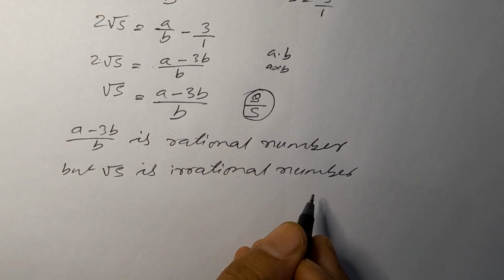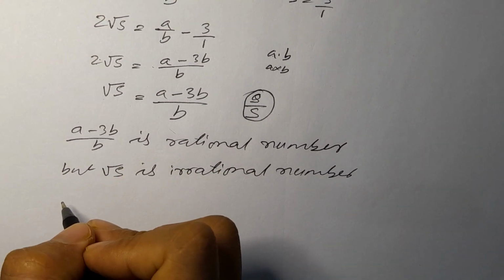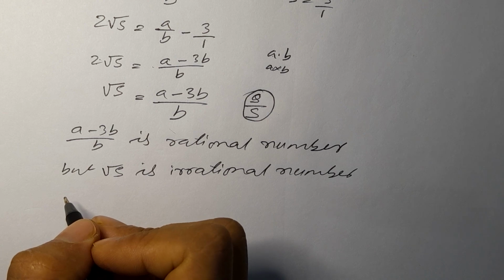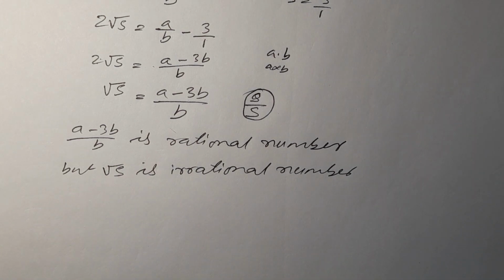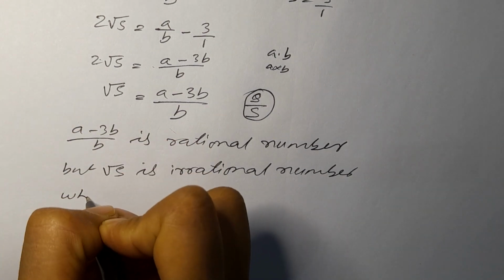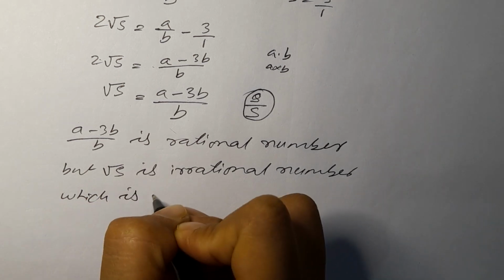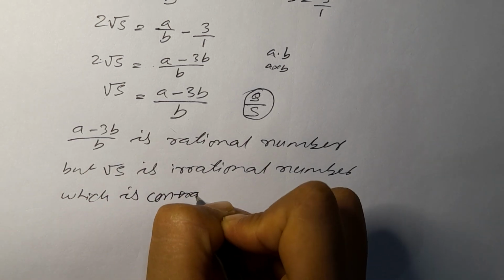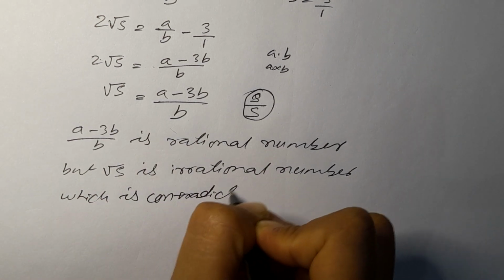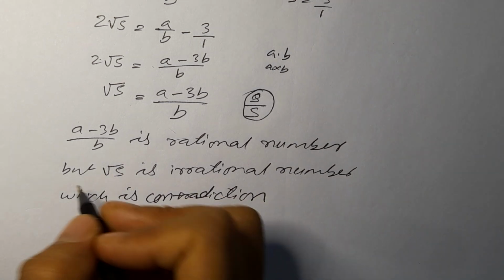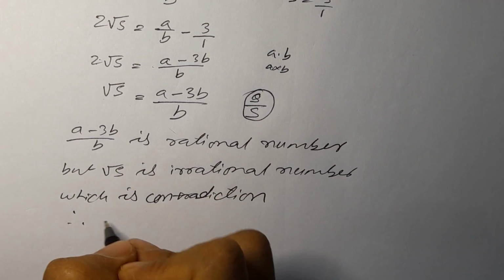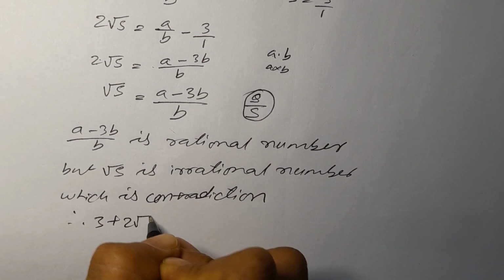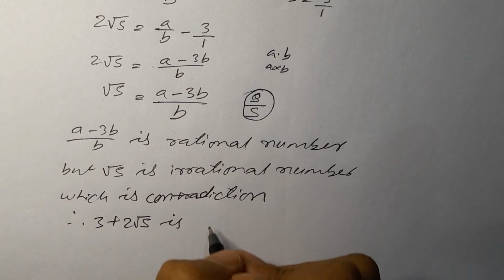Root 5 is an irrational number, which is a contradiction. Therefore 3 plus 2 root 5 is an irrational number.